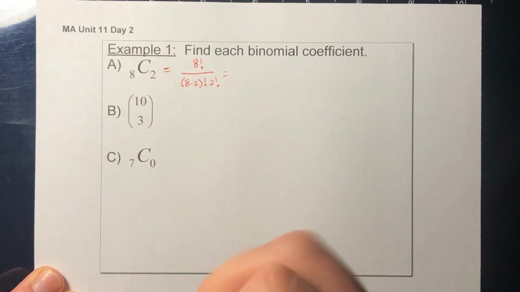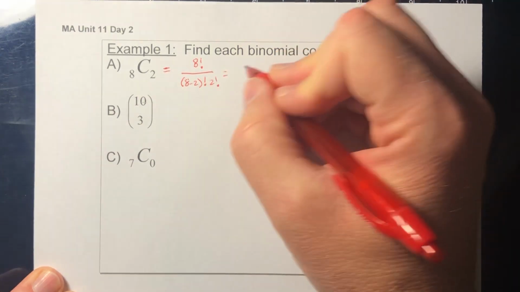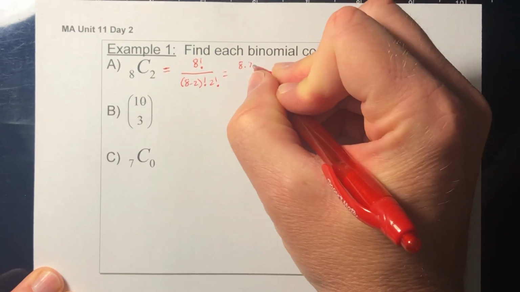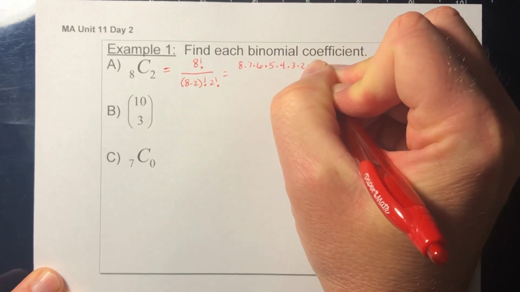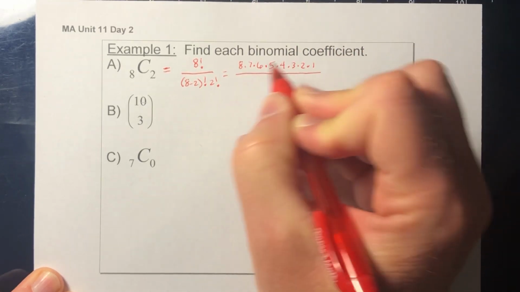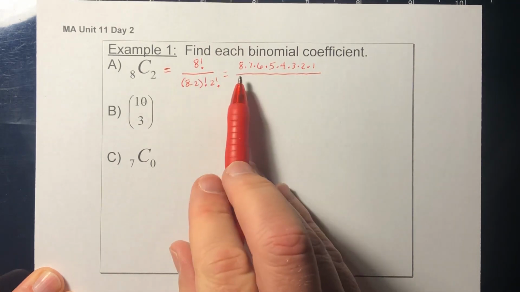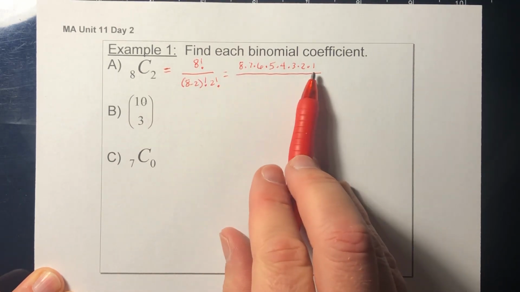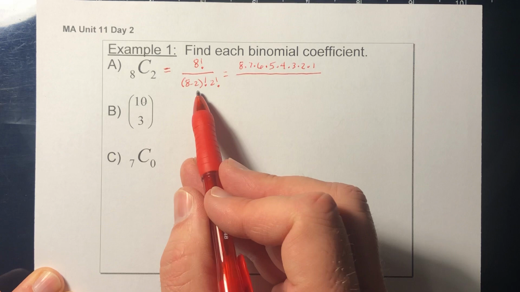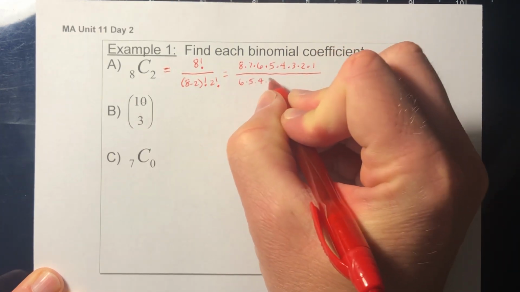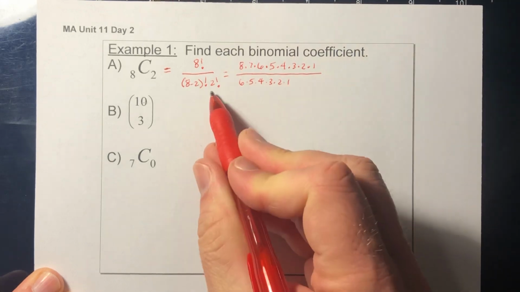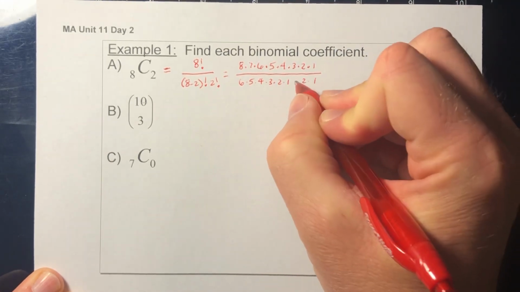Now that exclamation point means factorial. What that really means with the 8 is 8 times 7 times 6 times 5 times 4 times 3 times 2 times 1. Okay, so start with that number and you multiply every number after that until you get to 1. This 8 minus 2 is 6, so that's going to be 6 factorial. And then 2 factorial is 2 times 1.